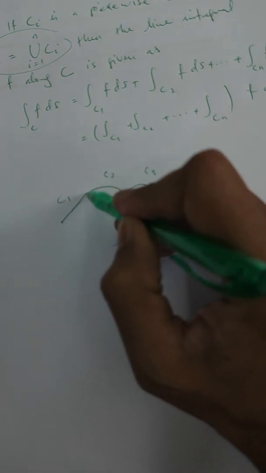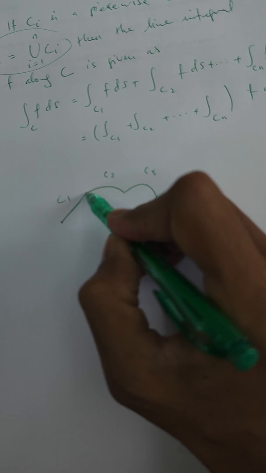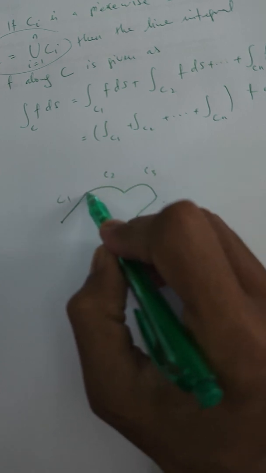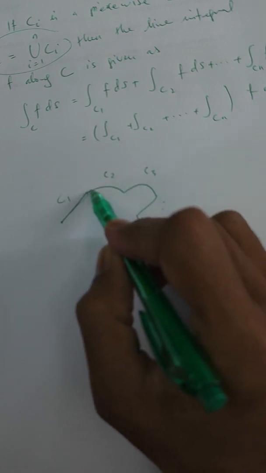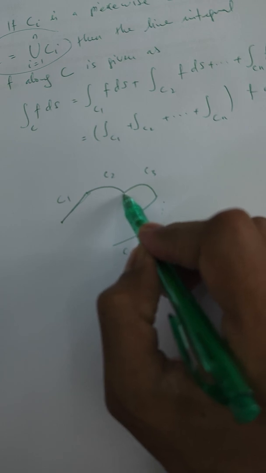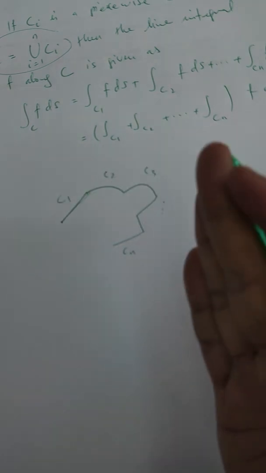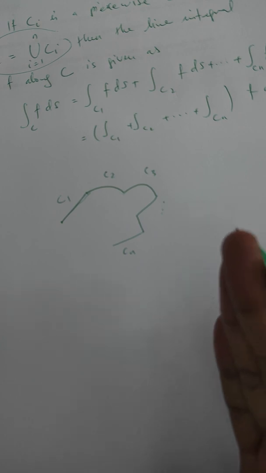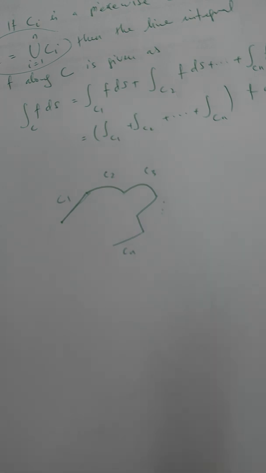From that point to that point C1 is smooth, but here it's not smooth. Again C2 is smooth between those points, but here it's not smooth. So we cut at each part that is not smooth, to make all those curves smooth. This we call smooth piece by piece, or a piecewise smooth curve.